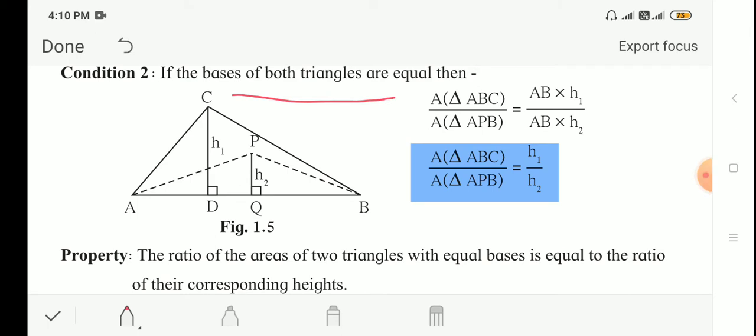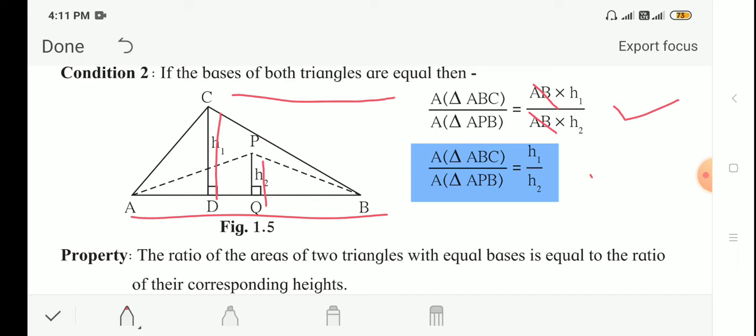Second condition, if the bases of both triangles are equal. In triangle ABC, observe the figure, AB is the base and H1 is the height. And in triangle ABP, AB is the base, means bases are the same, and H2 is the height. By using the result we get ratio of area of two triangles, triangle ABC and triangle APB, AB into H1 divided by AB into H2. AB is the same factor, cancel, remaining H1 upon H2.